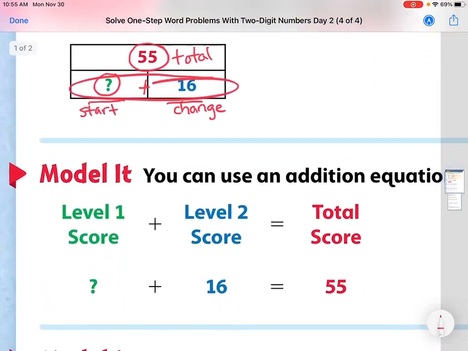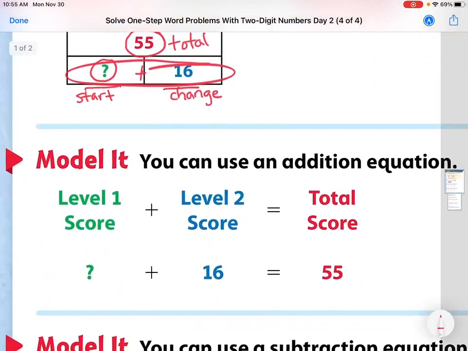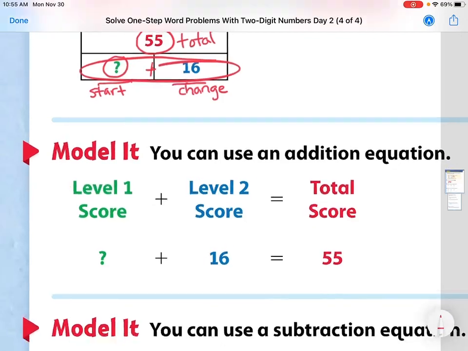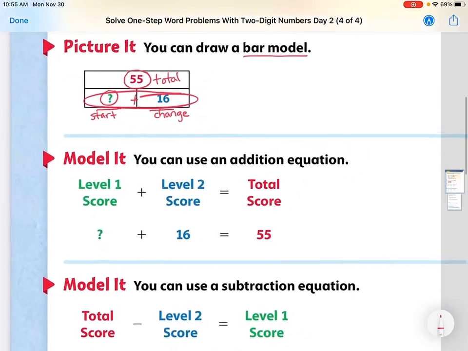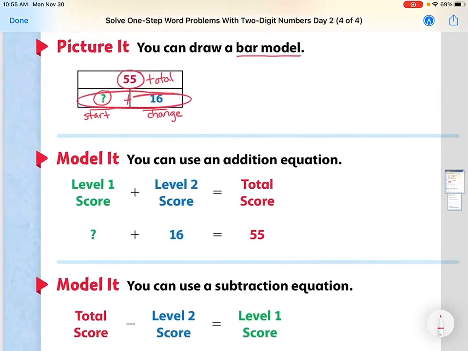Okay, then the other methods have you using equations to solve the problem. So they're showing us two different ways to make an equation to solve that problem. So the first one is to use an addition equation. So we know two of our numbers.